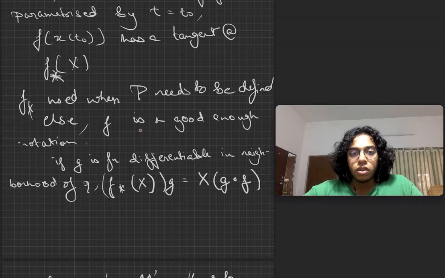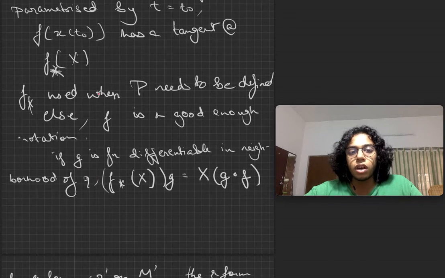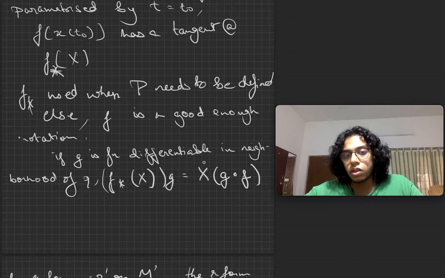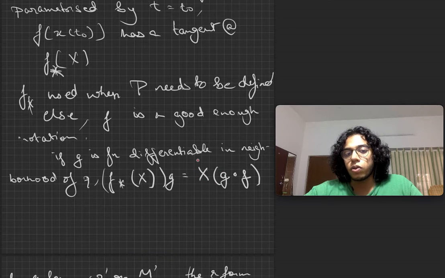One more property that you need to define: if g is differentiable in the neighborhood of p, then f star of x applied to g is nothing but x applied to g composed with f. So you take these two functions and differentiate with respect to the local neighborhood, and you get this.